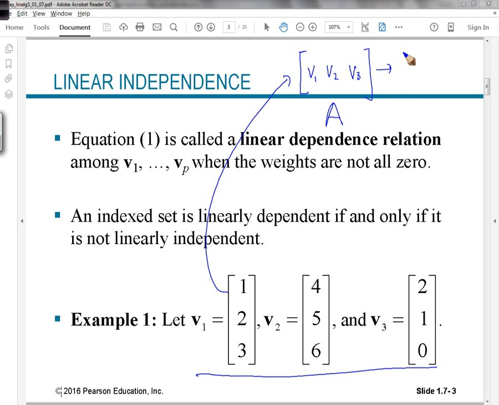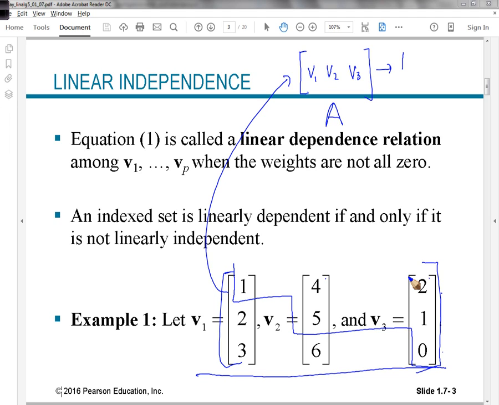So let's think about one matrix like this. If the staircase was formed in this way and every column had a pivot, please allow me to say this once again.